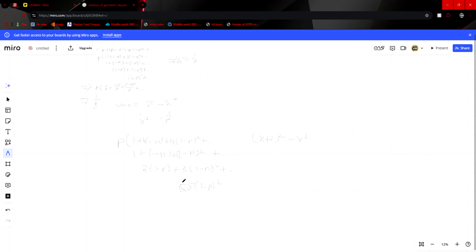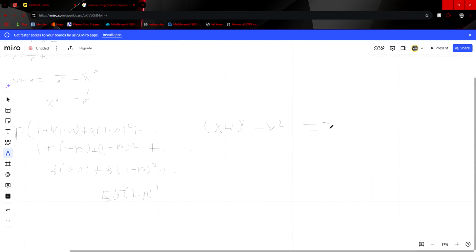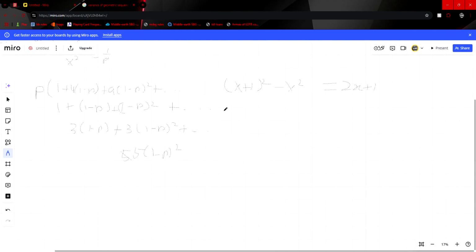The difference between that one's 4, that one's 9, the next one's going to be 4 squared, and so on. The difference between those two is going to be equal to 2x plus 1, which is just the odd numbers. So we essentially get this stack of odd numbers.